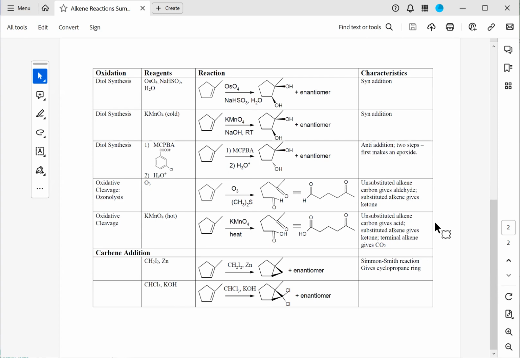The carbene reaction for us at this point has no practical purpose, so I'm going to skip that one completely. We've done all the diol synthesis now, all the 3 that are given on the top. The last reaction to do is the cleavage, which is very short also. Just wanted to let you know that you can cross that out of your list.